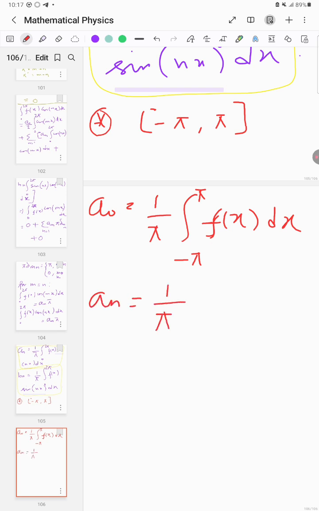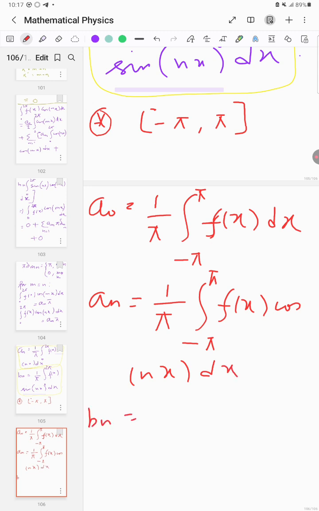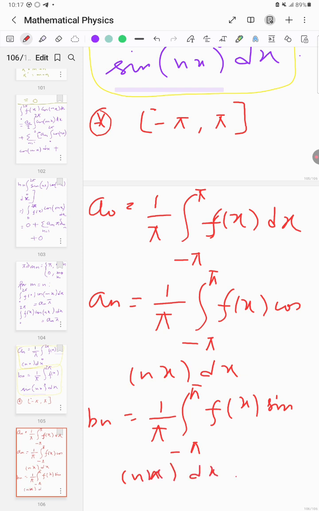So 1 by pi integration minus pi to plus pi f of x cos nx dx. Alright, how will bn change? Same way, 1 by pi minus pi to plus pi f of x sine nx dx.